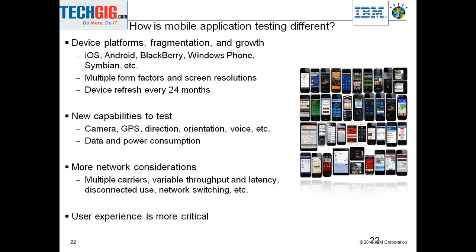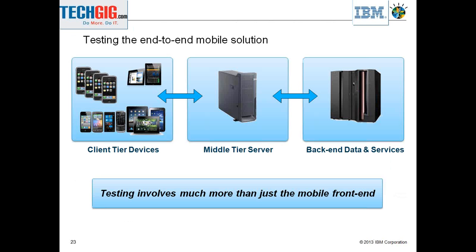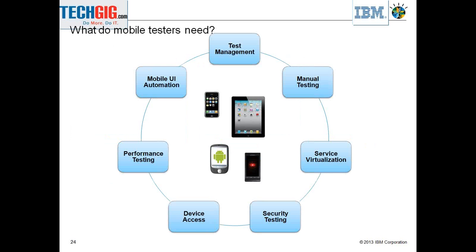Testing the end-to-end mobile solution covers client-tier devices, the mobile-tier server, and back-end services, and testing involves much more than just the mobile front-end. Mobile testing is the most challenging thing the industry faces today. What mobile testers need to do is test management, manual testing, service virtualization, security testing, device access, performance testing, and mobile UI automation.